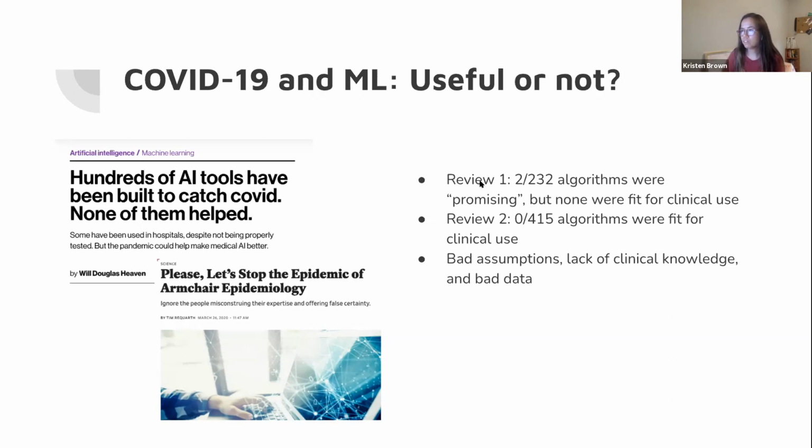Part of the reason for that is the idea that you can just pull a data set and say, okay, I've got this data set that's labeled, great, let's go, let me throw a model together just to predict whatever the labels are. But there were a lot of bad assumptions made. People didn't have the right clinical or epidemiological knowledge, and they didn't realize the data was not very good.